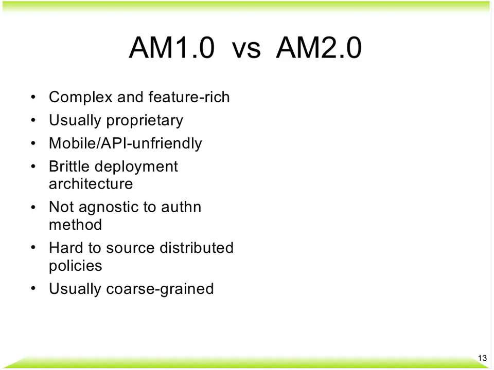I just mentioned not agnostic to authentication method. It's hard to source distributed policies. I think we've seen a lot of innovation from Example on that, but there are certain ways in which I think organizations find it's tough to scale. And oftentimes you stick with really coarse-grained access because that's what the tools are just best able to handle.